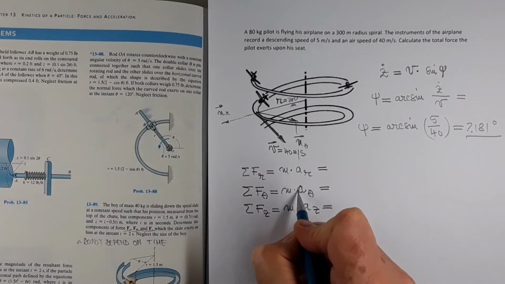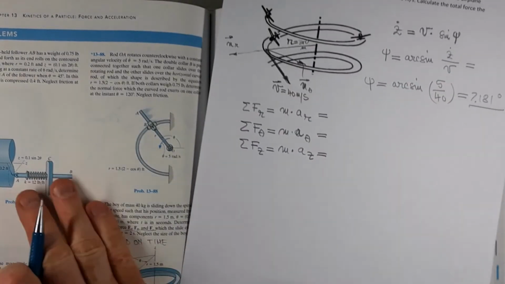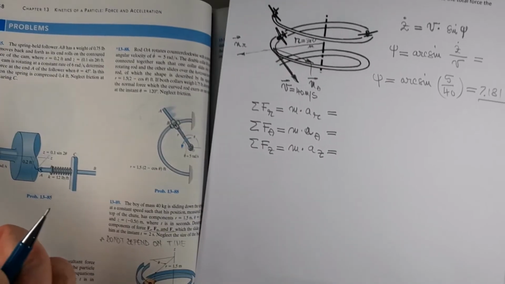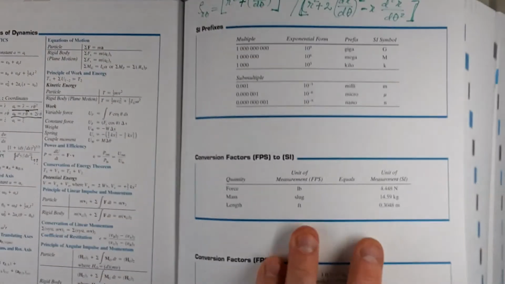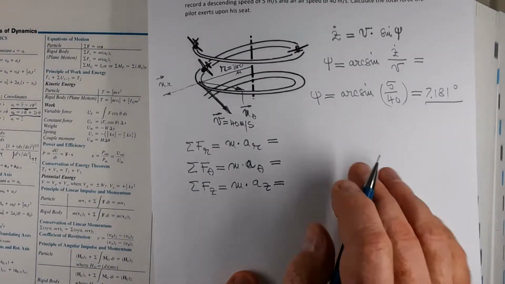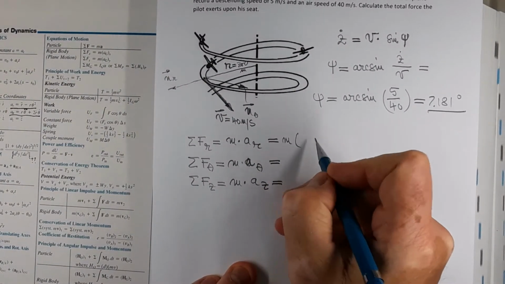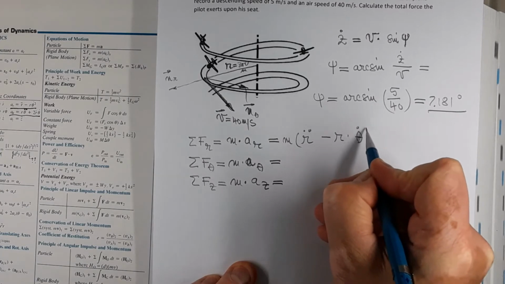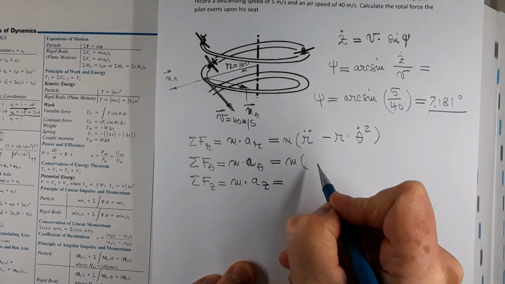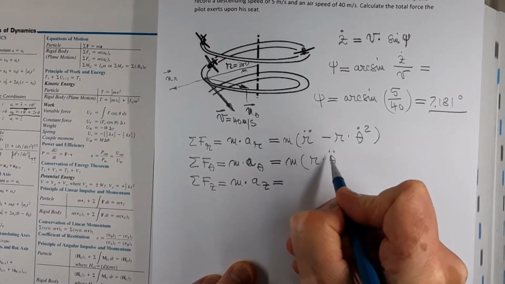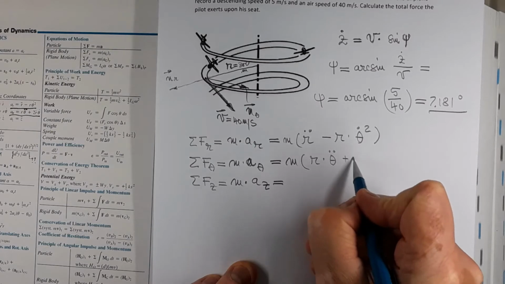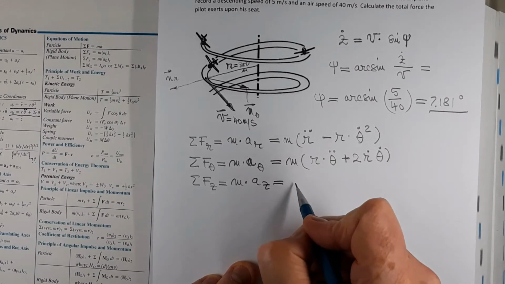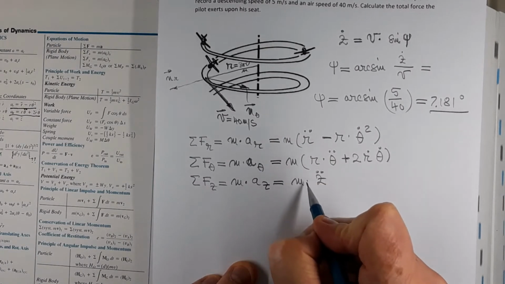Using the known equations we have in the back of the book, or by the front cover, the radial acceleration is r double dot minus r times theta dot squared, the transverse acceleration is r times theta double dot plus 2 r dot theta dot, and then this is mass times z double dot.